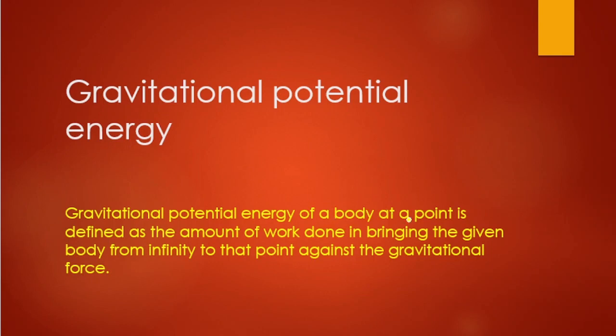Okay. Now, what is gravitational potential energy? Gravitational potential energy of a body is defined as the amount of work done in bringing an object from infinity to that point against gravitational force. So you are placing an object at infinity and bringing that object to the point where you require. R is the distance between them.